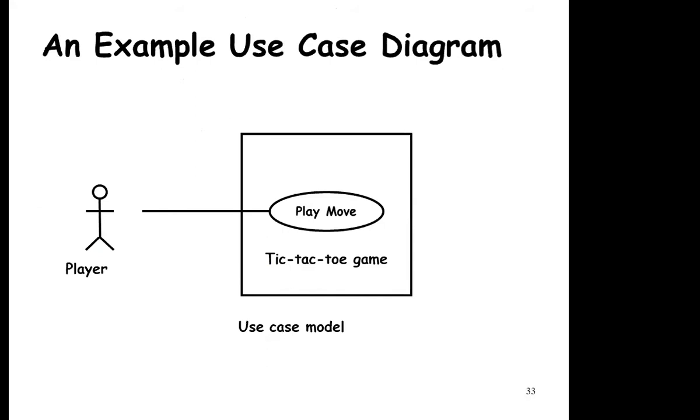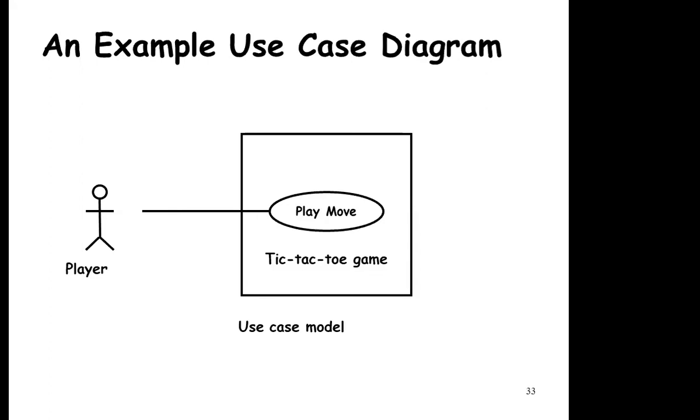So just a simple example of a tic-tac-toe game, what we have done. It is a use case there. There is one player, which is known as the actor. See the symbol of the player. This is the symbol of the player here. It is the actor. Then the external boundary is represented by this. Then the main move by the ellipse, that is the use case.